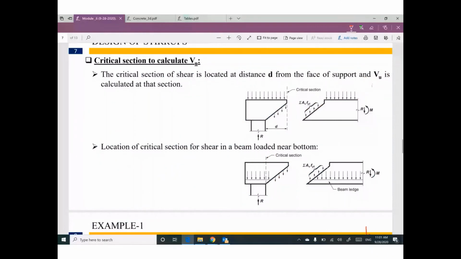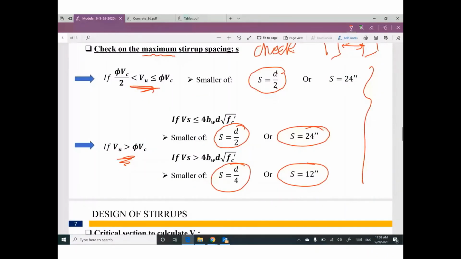If you check the maximum spacing, I believe 5 inch will be smaller than the maximum, because you are talking about 24 inch or depth divided by something very high. So I believe 5 inch will be good for the maximum stirrups check.